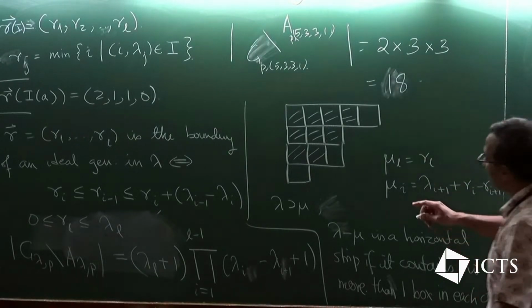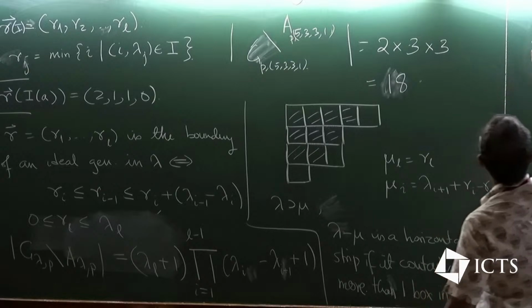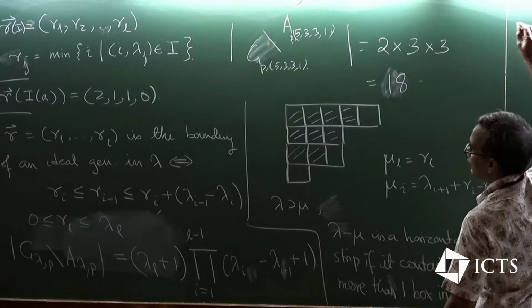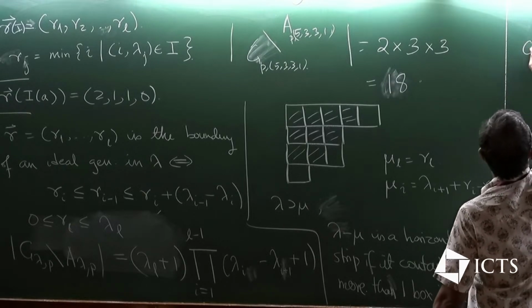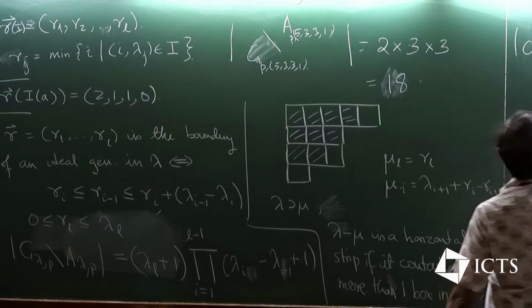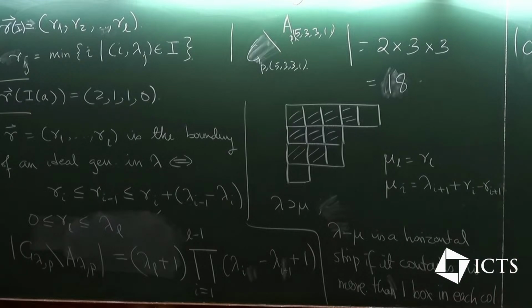So what we are saying is that the number of orbits is equal to the number of partitions mu such that lambda minus mu is a horizontal strip.